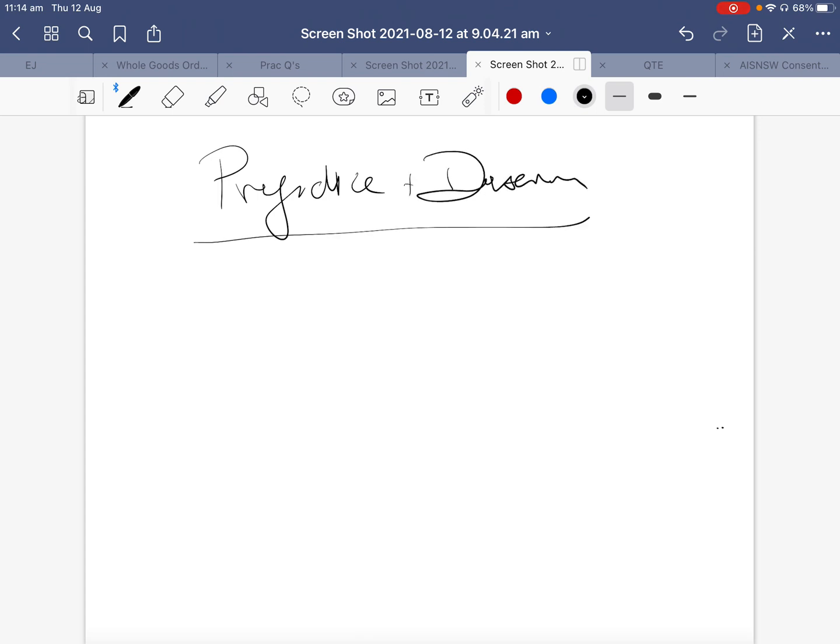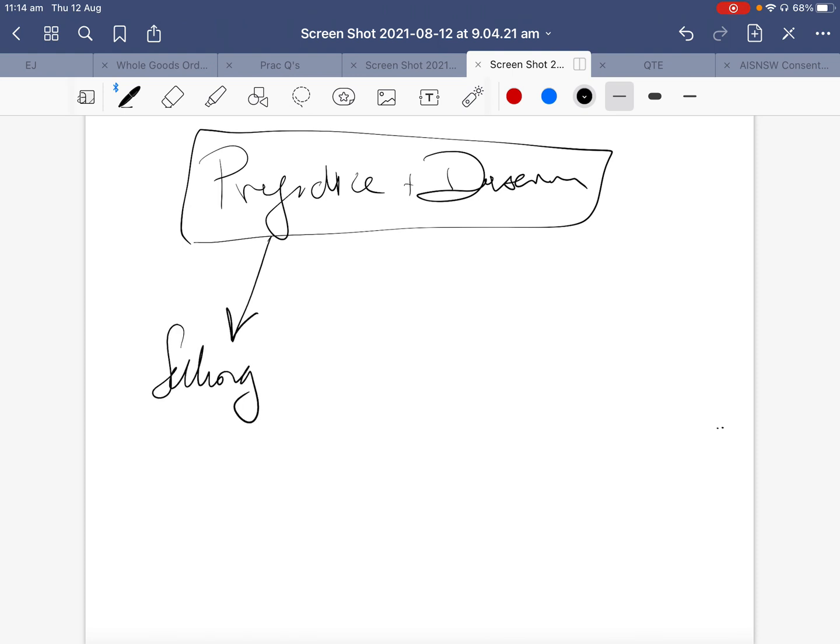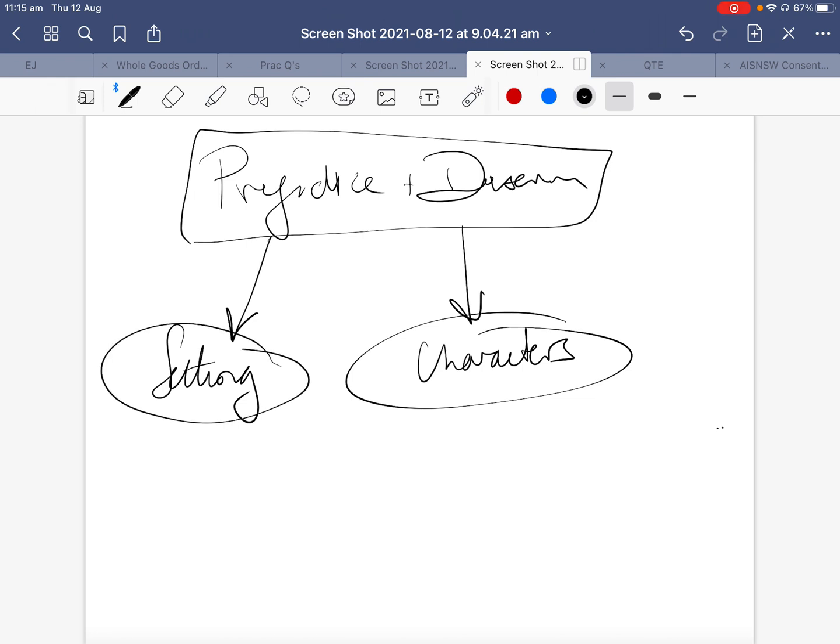Now we've looked at a couple of things. We have looked at setting so far, and we've looked at characters so far, overarchingly. The two settings we focused on were Berlin and Auschwitz. And for characters, there's been quite a few that we could talk about in terms of prejudice and discrimination.